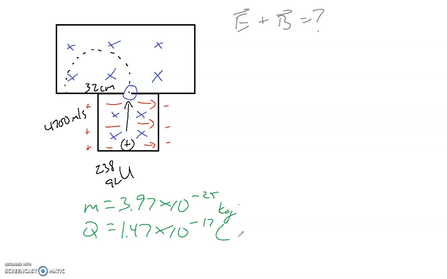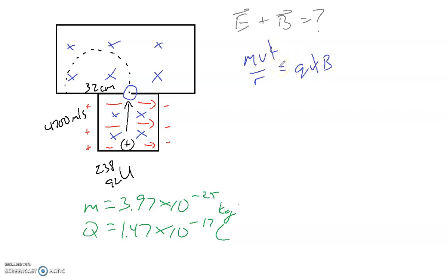Last time I found E first, so let's find the B first this time. For my B, I know that mv squared over r is going to be equal to qvB at the top. We've done this type of thing before. My v's actually cancel out.